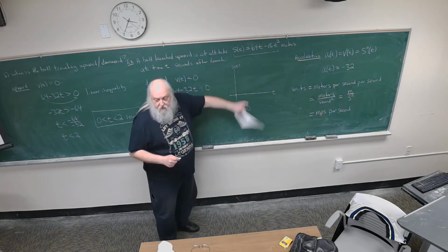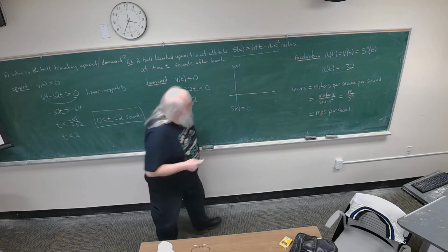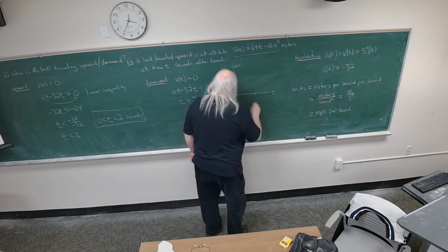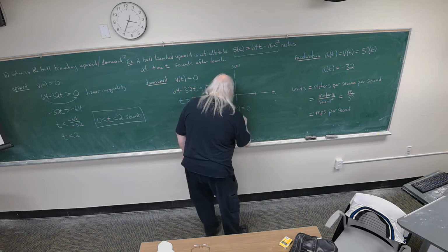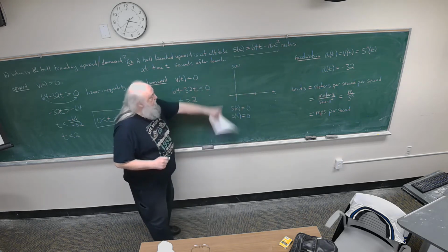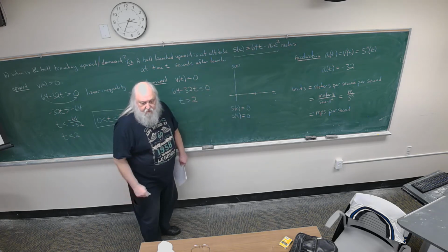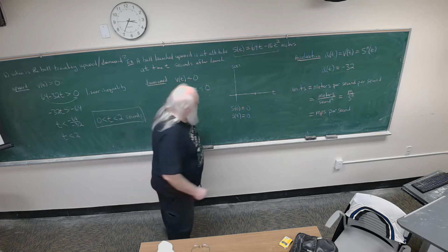This is a quadratic function. What's the graph of a quadratic function? Parabola. Our parabola is symmetric. So S of 4 is also equal to 0. You can verify that, plug in 4 for t in S of t, and verify that S of 4 is equal to 0.